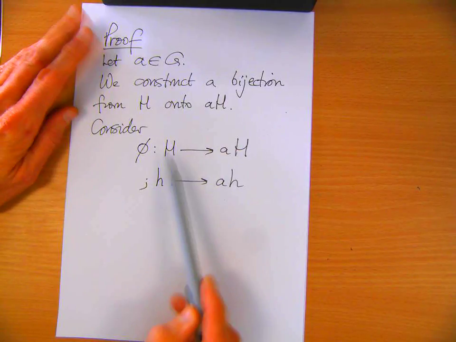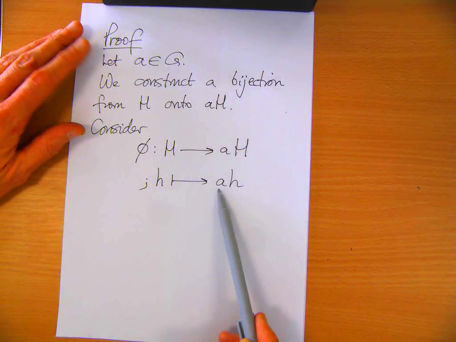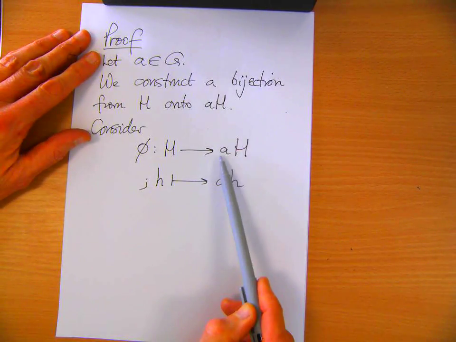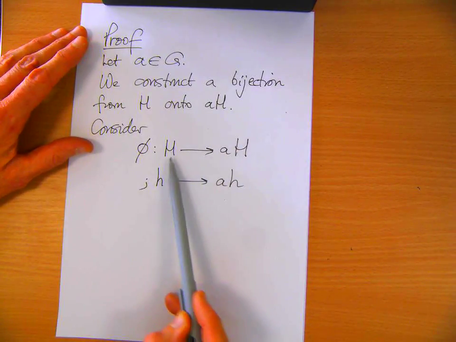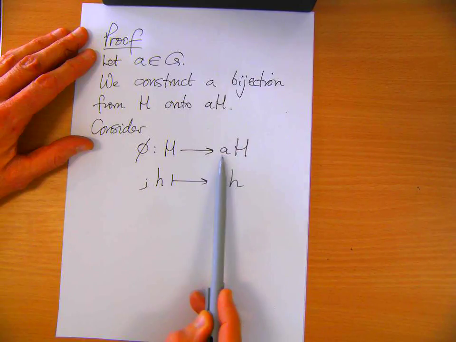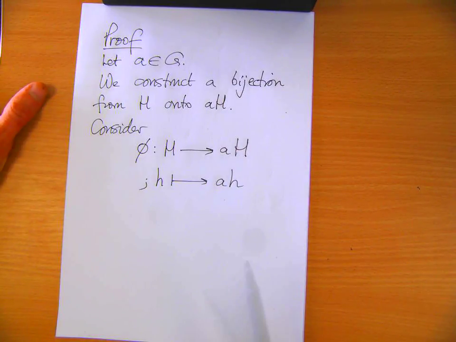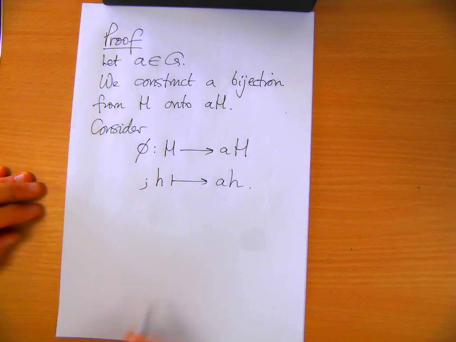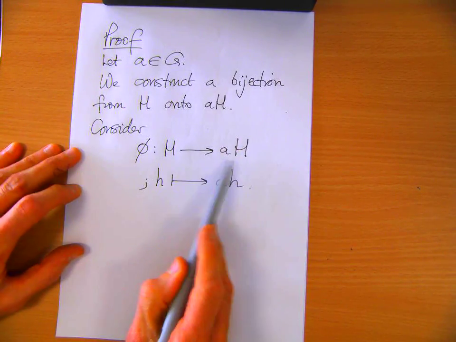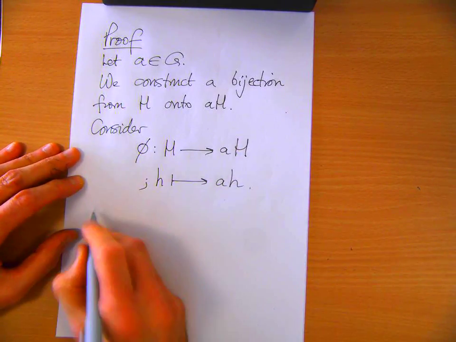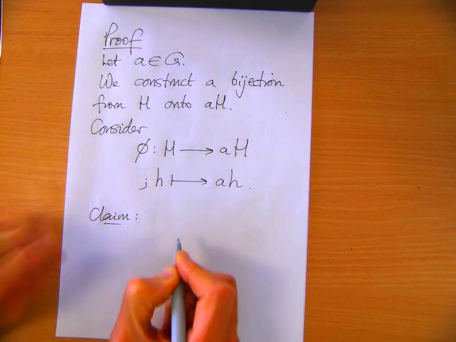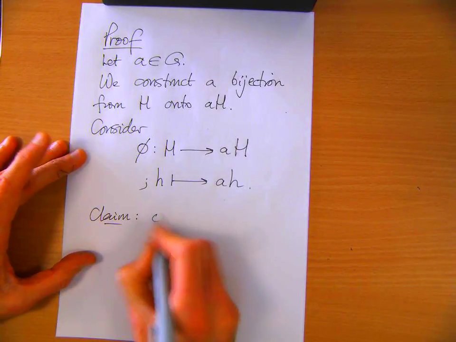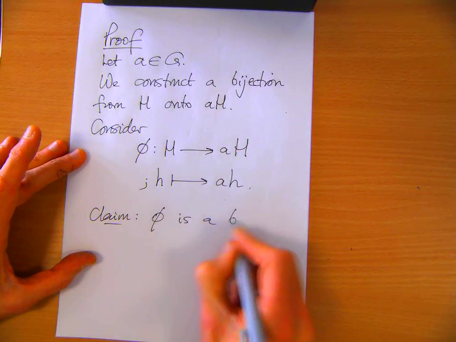So suppose little h lives in big H, then A times little h will live in A times big H. So this formula does indeed define a function from big H to A times big H. Okay? And the claim is, and I'll leave you to prove this, or you can look it up in Fraleigh, it's fairly straightforward, phi is a bijection.